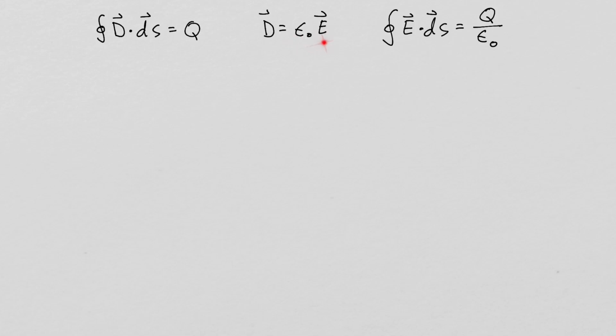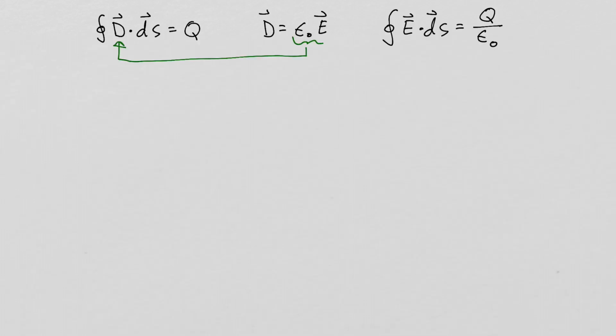So now let's substitute for the electric flux density field the permittivity of free space times the electric field intensity and divide both sides by the permittivity of free space. So here's an alternative expression of Gauss's law for point charges in free space.